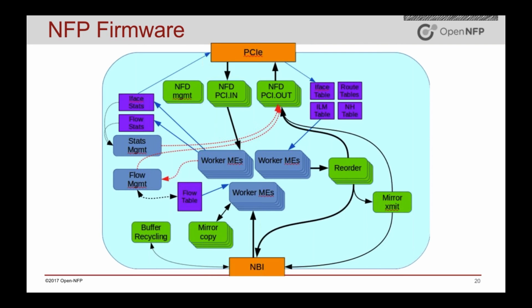The statistics updates are also making use of the NFP's very rich atomic operations. We can issue an instruction from the ME that says, update these 5 statistics for me atomically, and the memory controller will do the appropriate work behind the scenes without the workers even having to think about it: lock the cache line, modify the statistics, and write it back to DRAM when necessary.